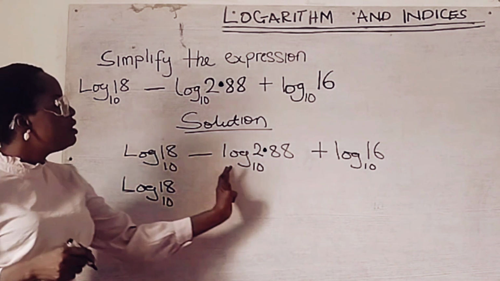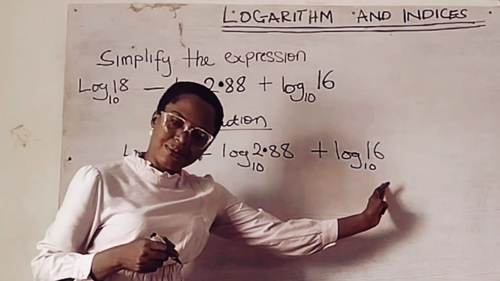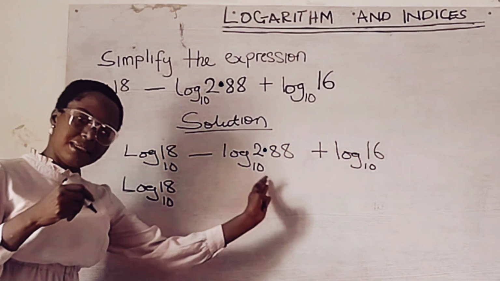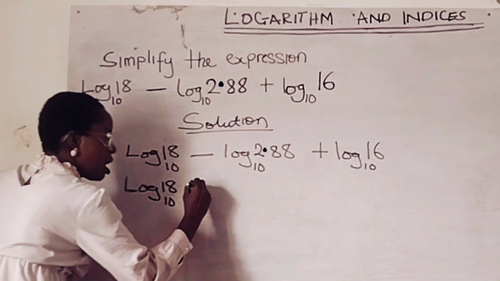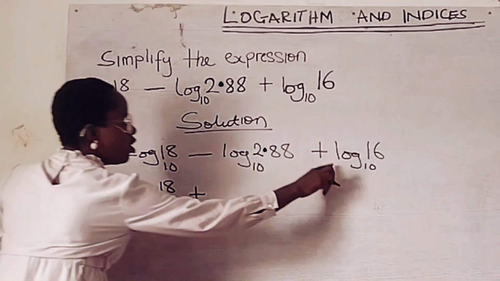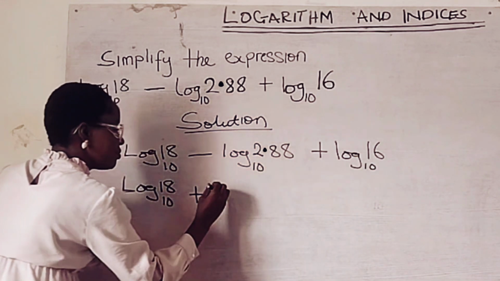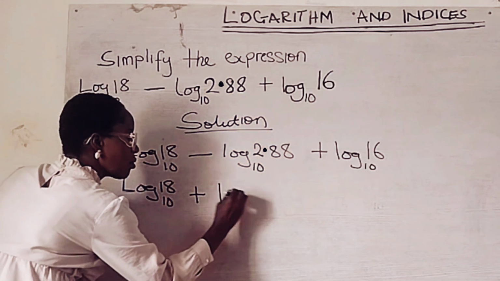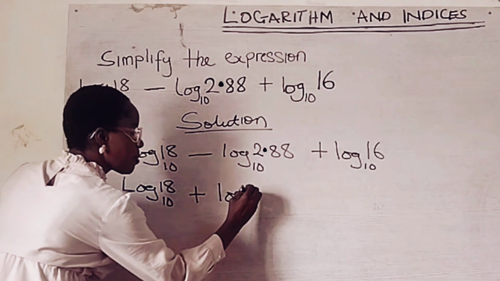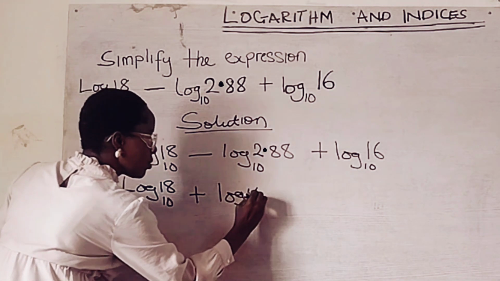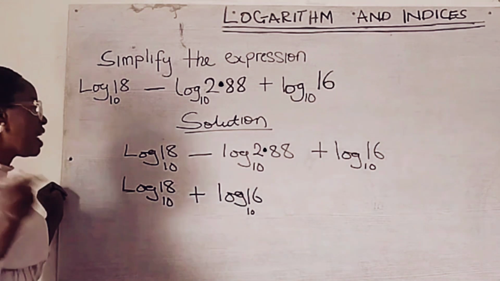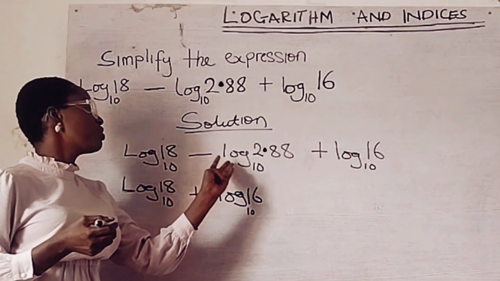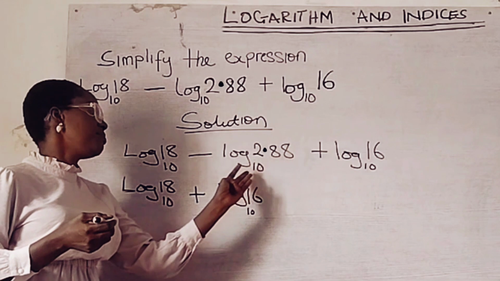Then I will leave this one and write this one before I write this one. So I'll write plus log 16 base 10, and then lastly minus log 2.88 base 10.